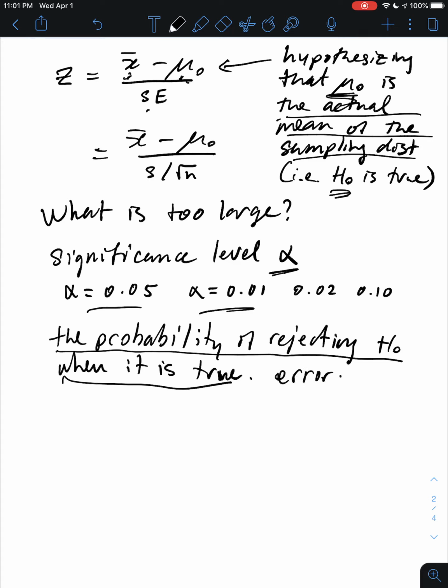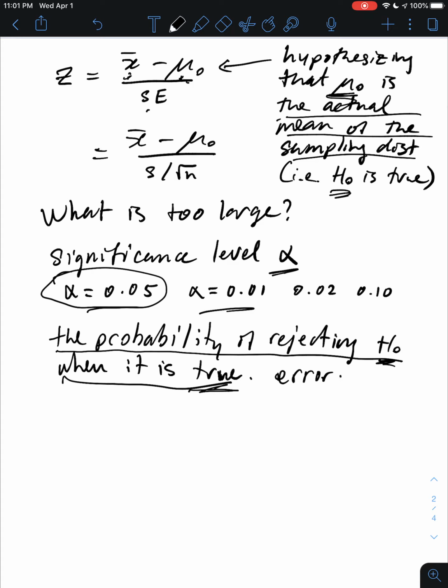So what we're doing is we're setting a bound on our error. We are controlling this error. So if I find it acceptable to reject the null hypothesis when it is true 5% of the time, then that's what I would use for alpha.